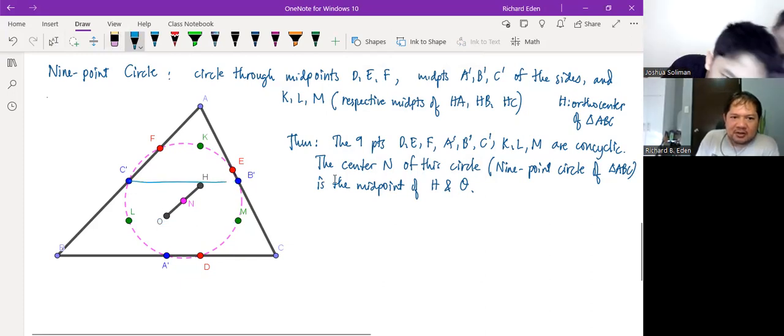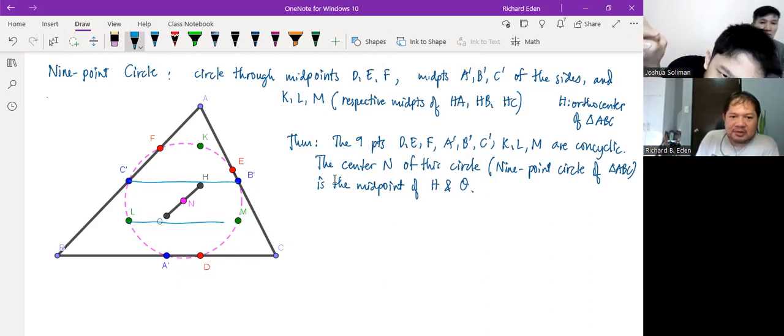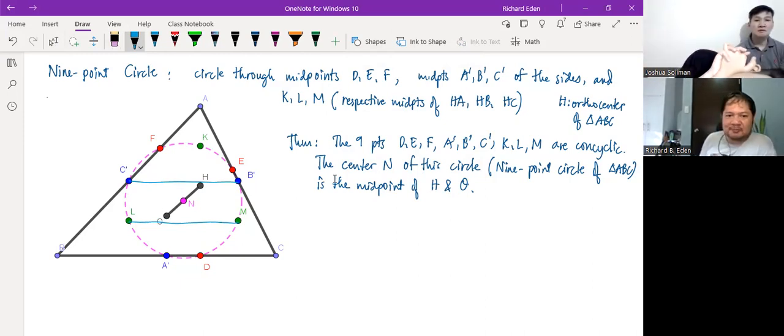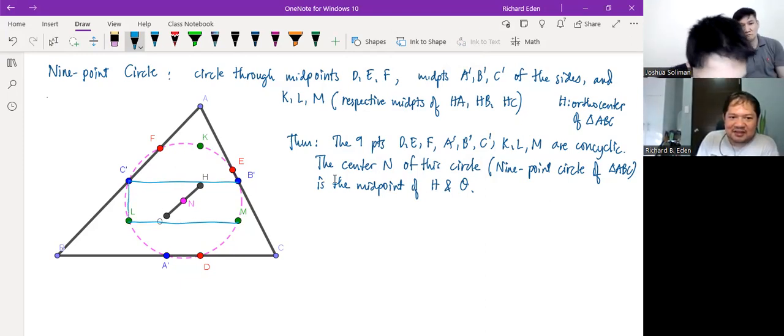Mukhang horizontal. But if you look at those horizontal segments, anything else that seems peculiar about it? In terms of the length, does it seem like they're congruent? It seems like they're congruent po if I lean my head to the side. Okay. How about this quadrilateral?